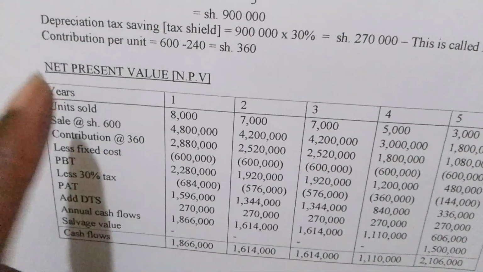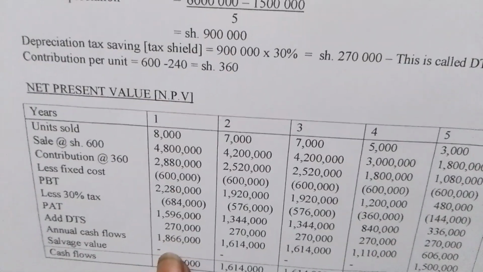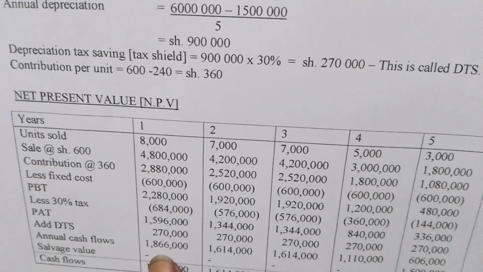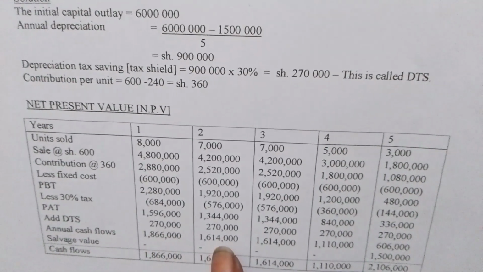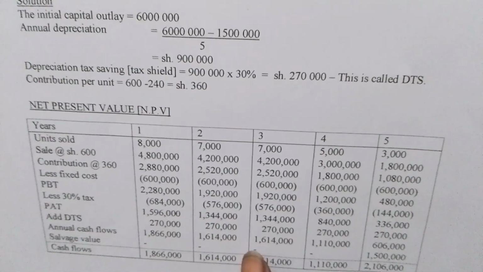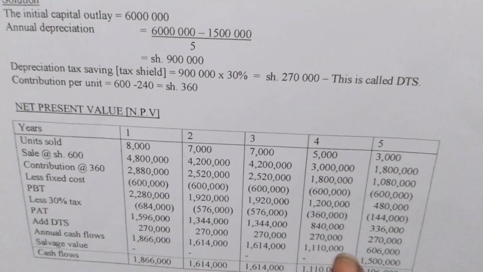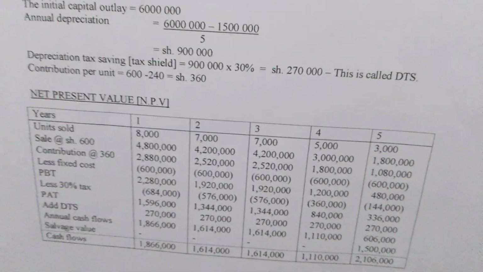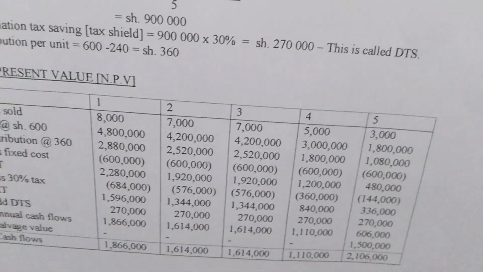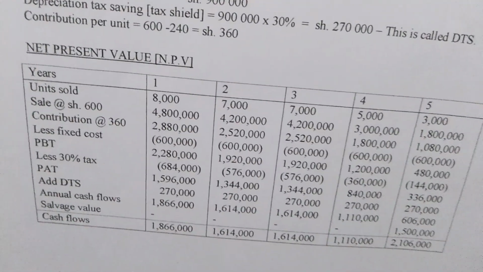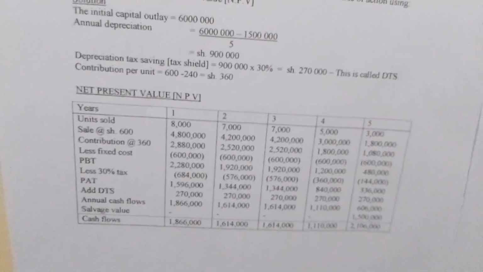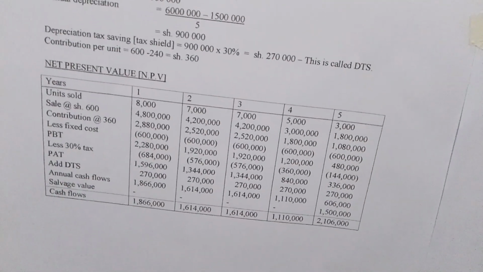And our annual cash flows now, they have these figures here: 1,866,000, 1,614,000, 1,614,000, 1,110,000, and 606,000. However, in the 5th year, the last year, we have 2 cash flows there, because there is a salvage value.